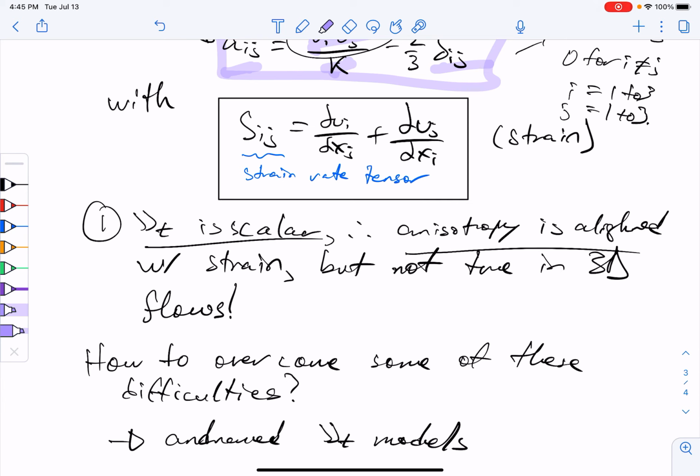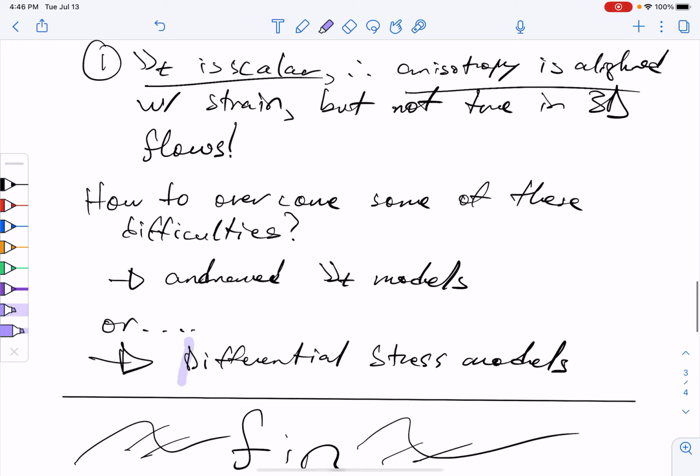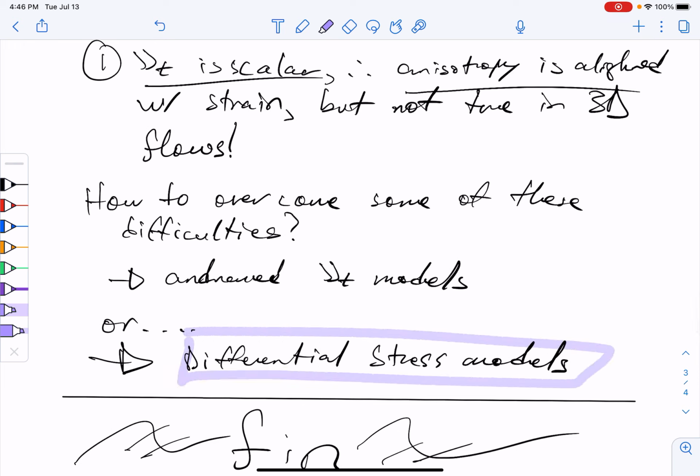So these are the three major observations physically that I think were made in the 1970s and 80s with the difficulties of these models, especially in the 80s. And this is when some of the new models, the differential stress models, were starting to appear and overcome some of these difficulties.